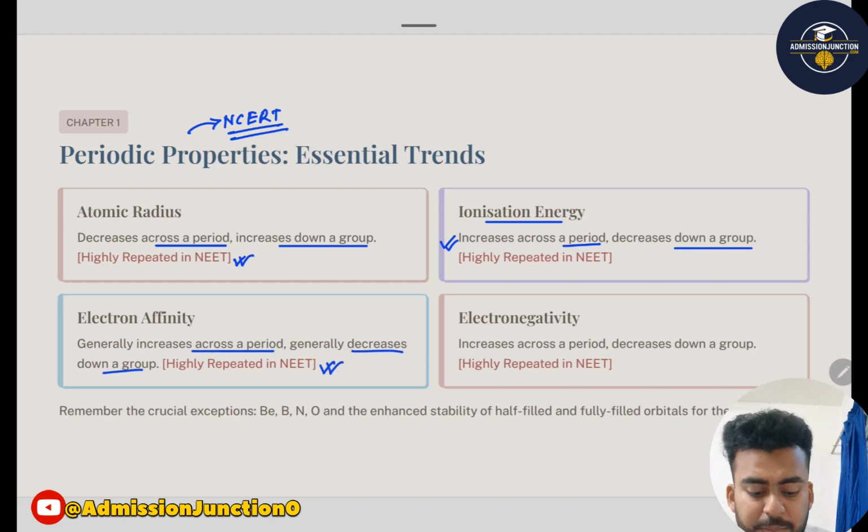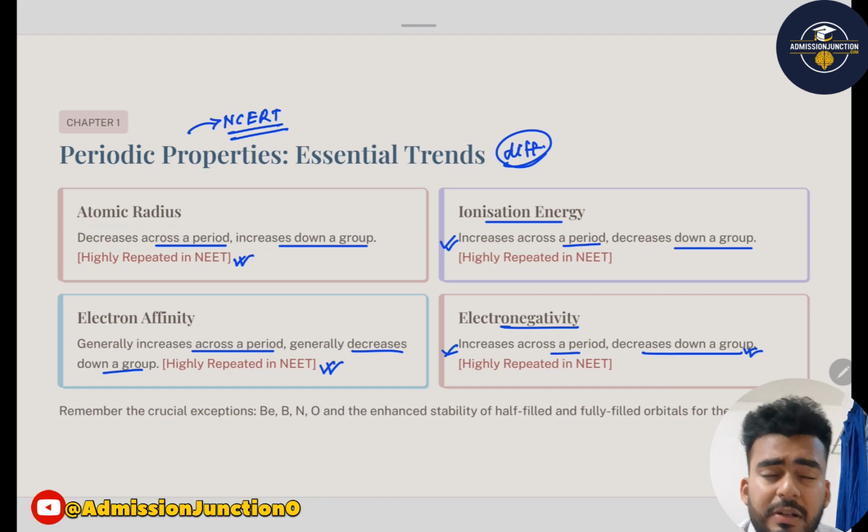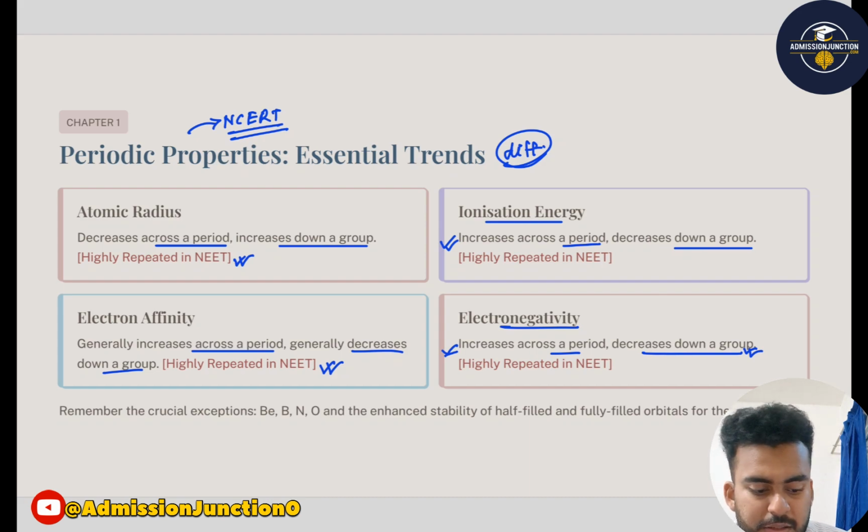This is also highly repeated in NEET examination. Electronegativity increases across a period and decreases down a group. So the difference between these four things is very much necessary, very much important for your NEET examination. In the last 15 to 20 years, almost 6 to 7 questions come from this segment.